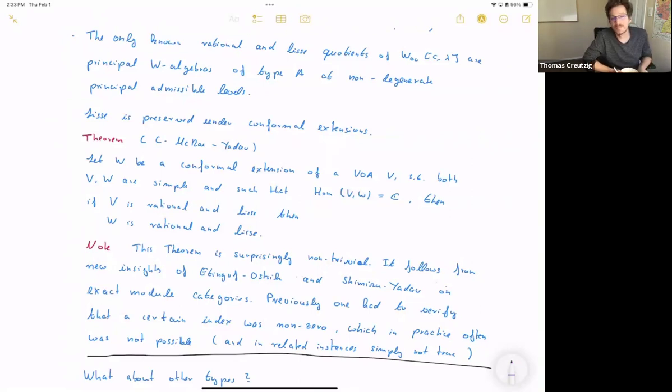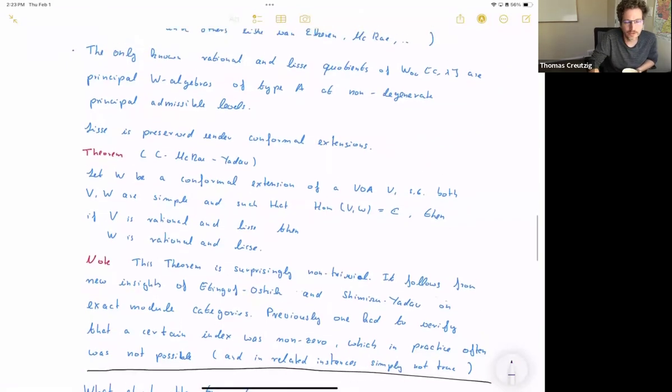And it turns out, and this is an insight of Shimizu and Harshit, that this exactness implies rigidity. And with rigidity, it's very easy to prove the theorem. This is a totally new insight. Harshit and Shimizu haven't even written their article yet. Anyway, this finishes the first part of my motivation.